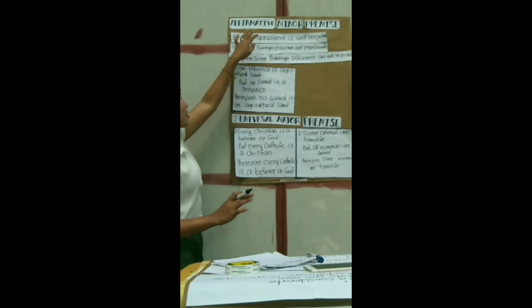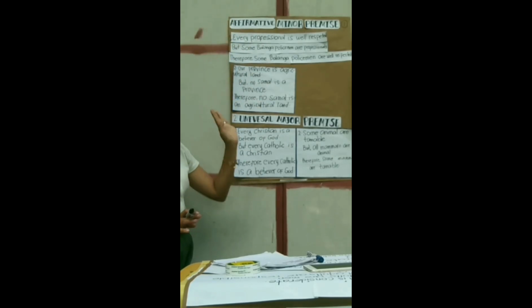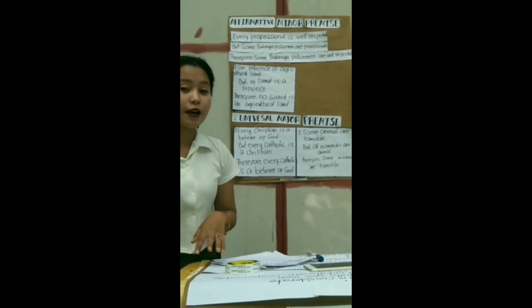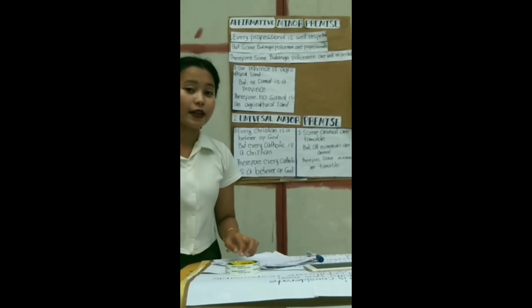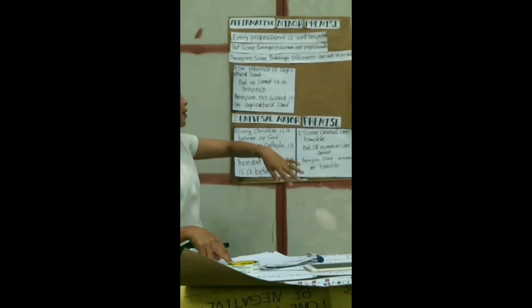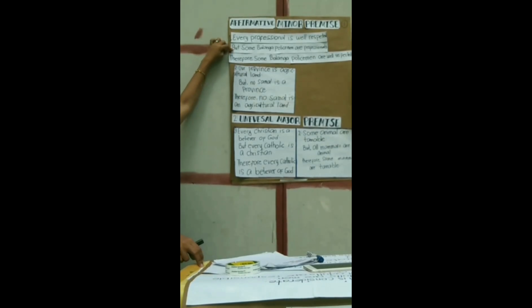So, di ba nasabi nila sa conclusion natin is yun yung predicate ng first premises natin and subject ng second premises natin. So, ito yung first premises, ito yung second premises, and ito yung conclusion natin.